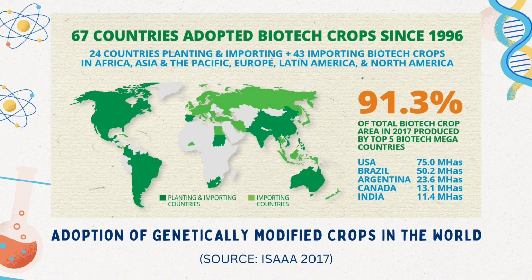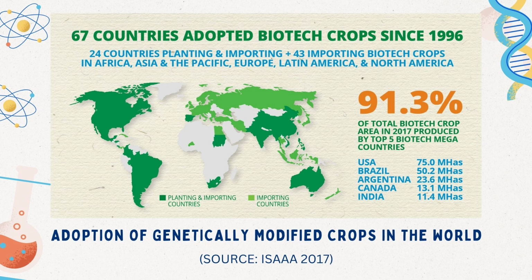The major biotech crops planted and adopted by the 29 countries include soybeans, maize, cotton, and canola. Based on the global crop area, for these crops, 79% of cotton, 72% of soybeans, 31% of maize, and 27% of canola were biotech crops in 2019.